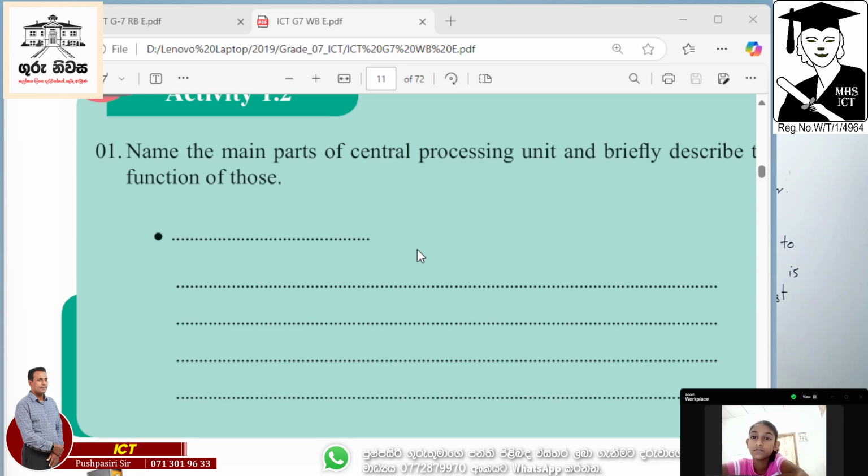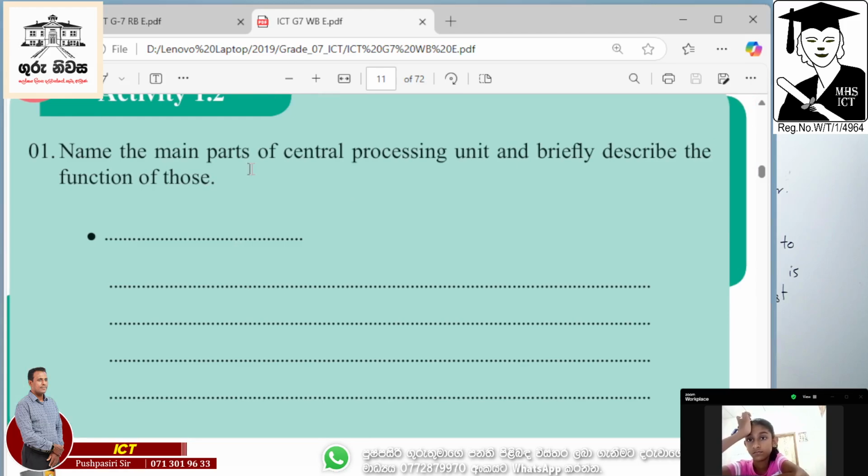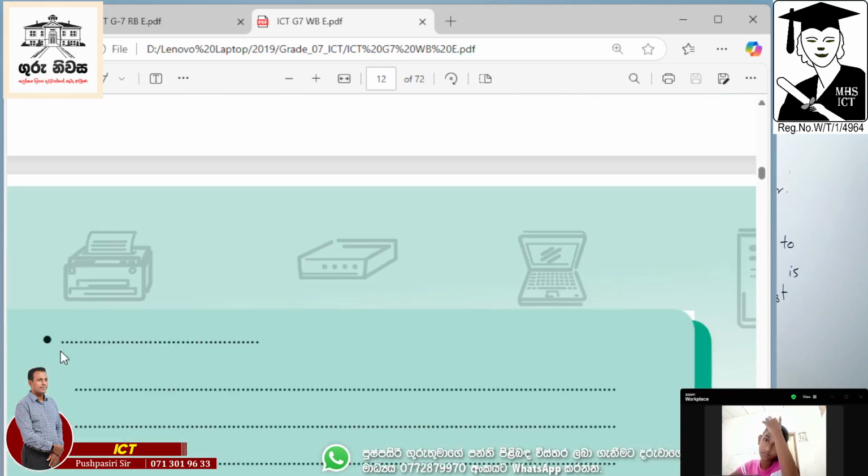Can you go ahead with this also? Name the main parts of the central processing unit and briefly describe the function of these. Right. What could the first one be? ALU, isn't it, Puta? So this one should be ALU. Then the next one here, CU.